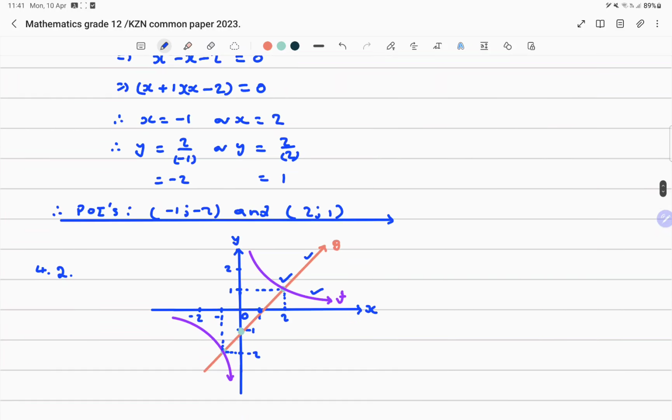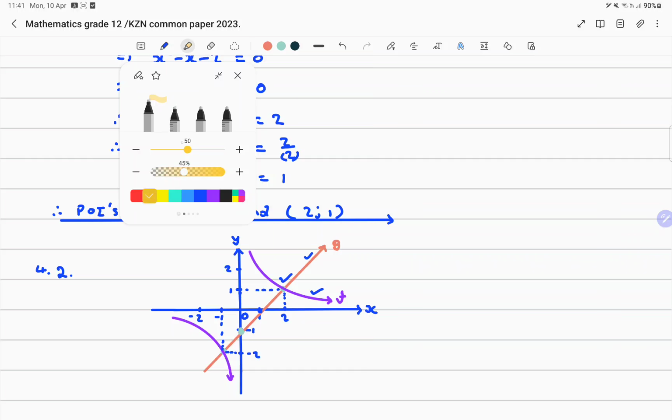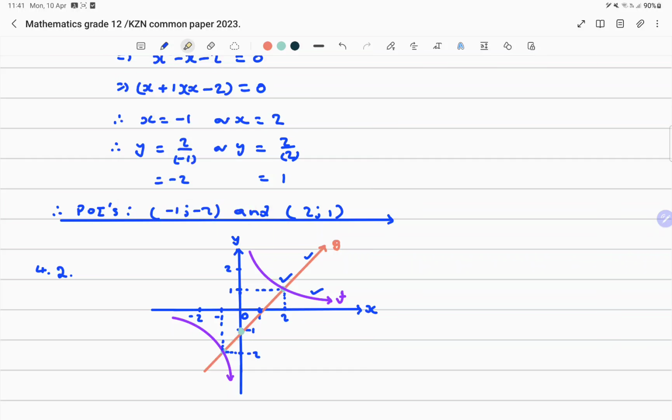Meaning we want to know, when do we see the graph of f appearing above the graph of g? Now, we need to be a little bit creative. Now, if you look in this region right here, look at that region.